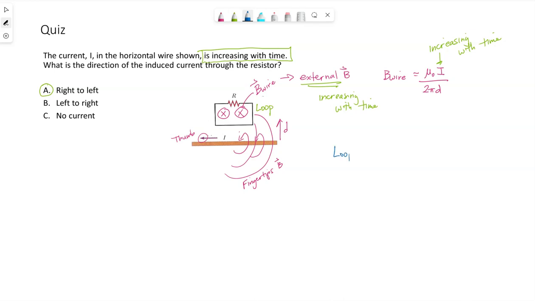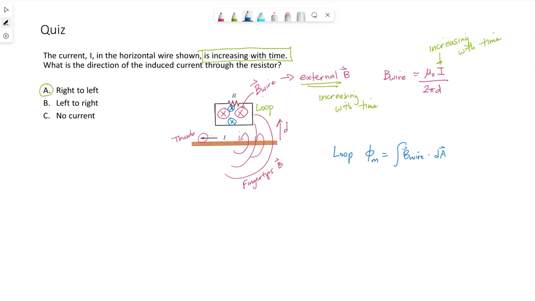Well, the loop has magnetic flux that depends on B of the wire and then passing through the area of the loop. Technically, to calculate this, we would need to integrate because the magnetic field from the wire would be stronger at the lower points, closer to the wire, and weaker at the points closer to the resistor because that's farther from the wire.